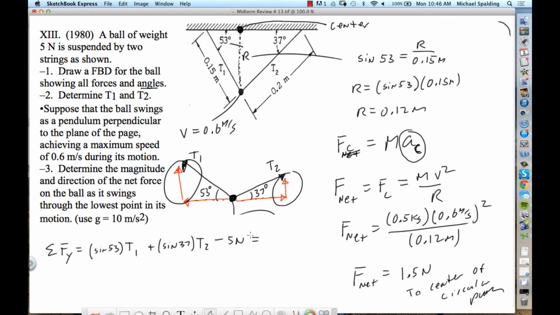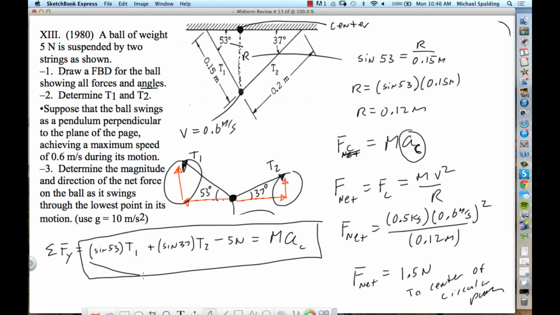What is this equal to? ma, but it's a centripetal acceleration. So this is exactly what we did. That is the net force, and it's equal to m a_c, which is what we did right here. a_c is equal to v squared over r. Plug it in. Bam.